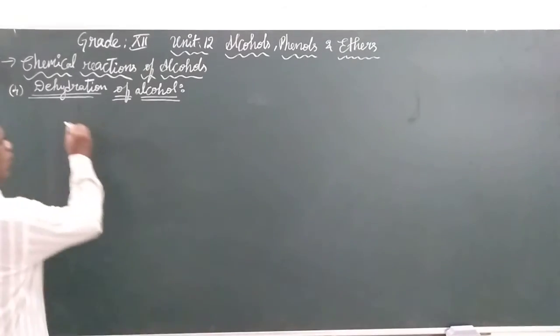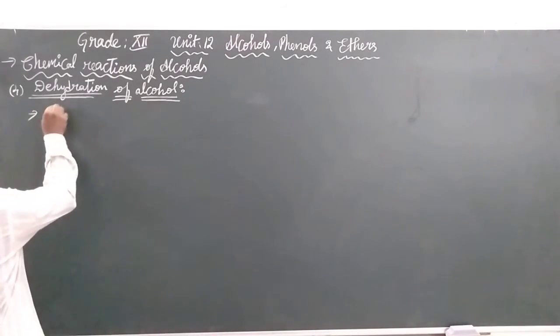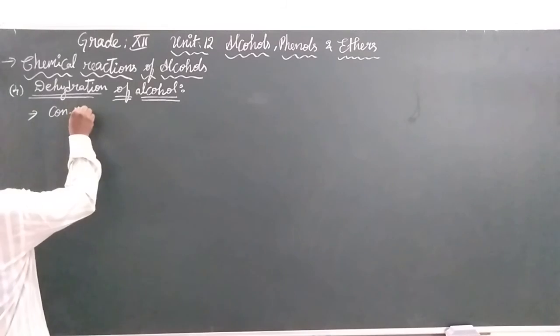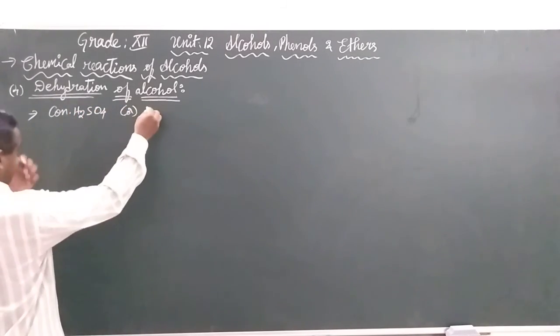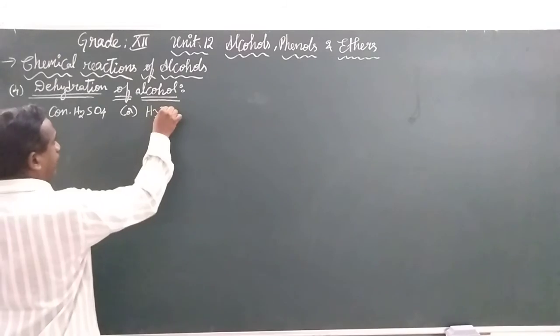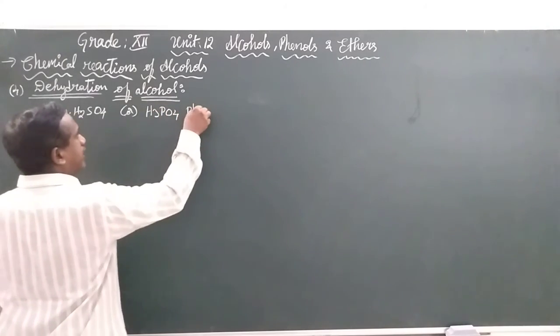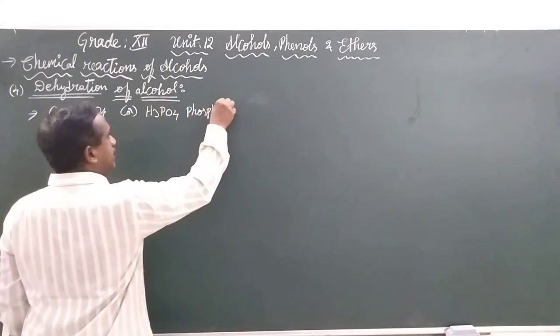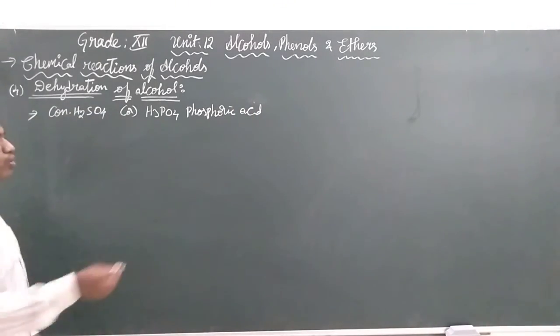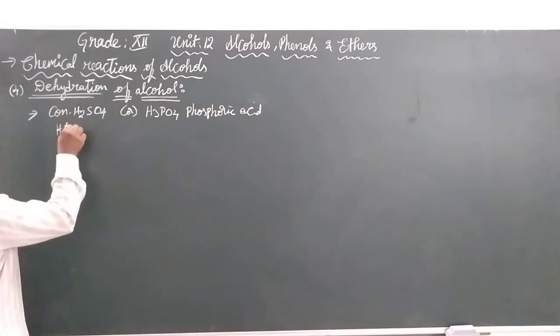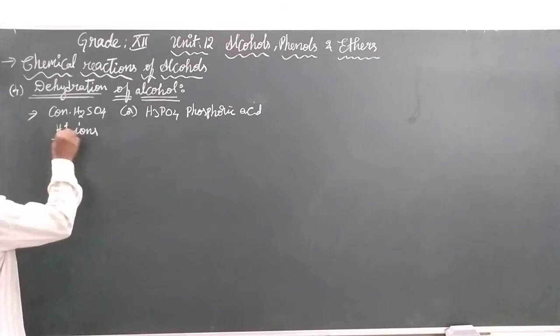Generally, we take sulfuric acid in the case of a primary alcohol. There are two acids that we use here. One is concentrated sulfuric acid or H3PO4, phosphoric acid. These are going to give H plus ions in the reaction.